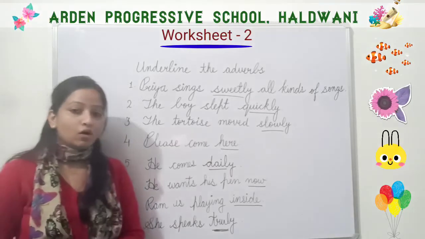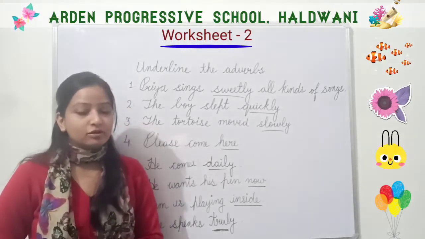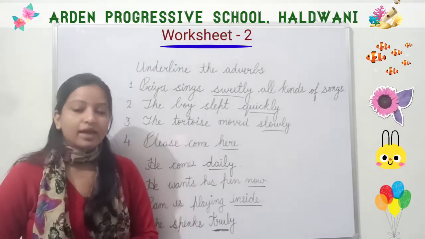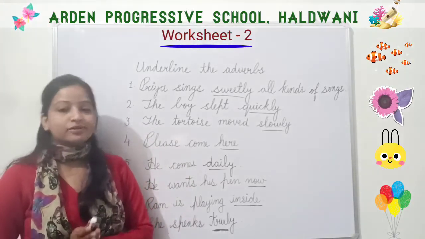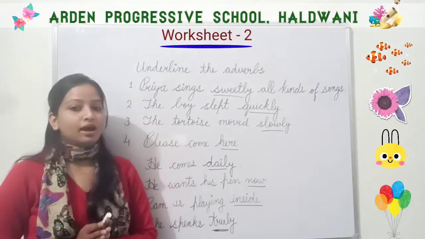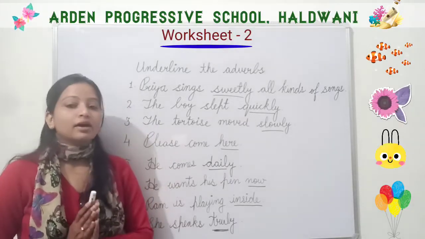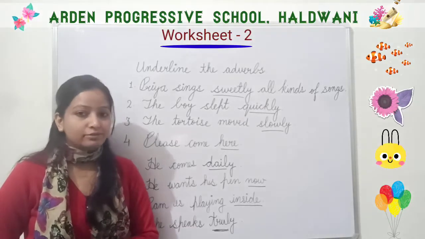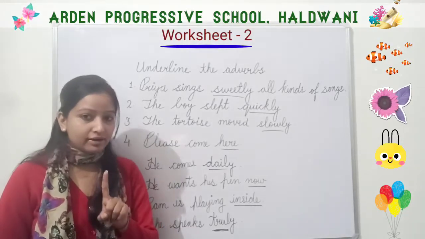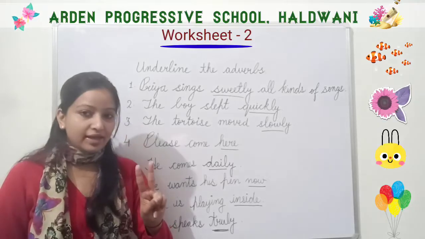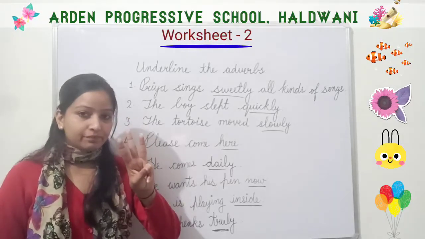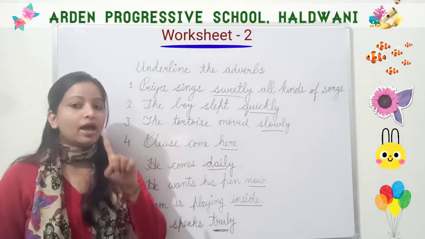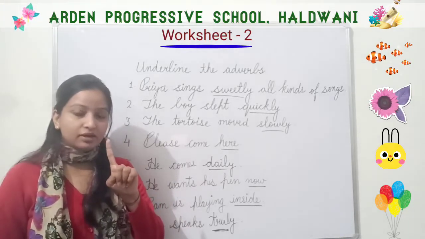We all know that adverbs are the words which modify verbs, adverbs and adjectives. There are three types of adverbs given in your book: adverb of manner, adverb of place, and adverb of time. Adverb of manner answers the question of how the action has been done.